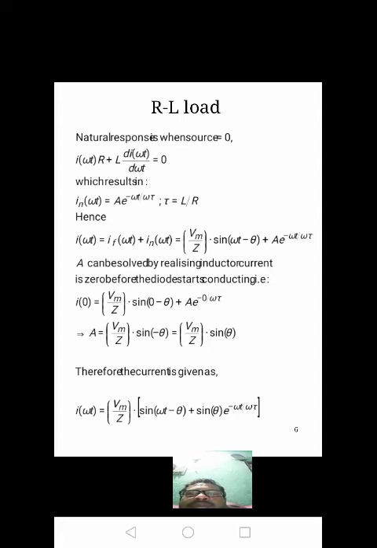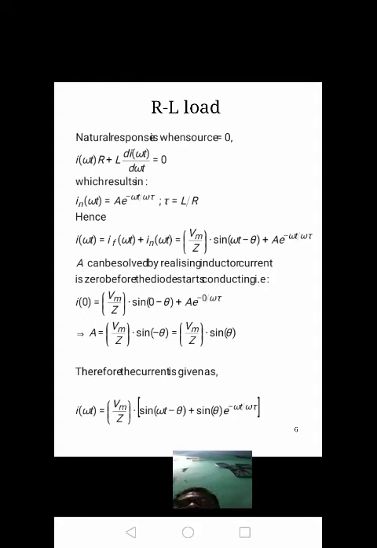We have to substitute omega t as 0. i of 0 is equal to Vm by Z into sin of 0 minus theta plus A into e power minus 0 by omega tau. Then the value of A is equal to Vm by Z into sin of minus theta, that is equal to Vm by Z into sin theta. Why? Because the i of 0 value is 0, and minus of minus gives plus theta.